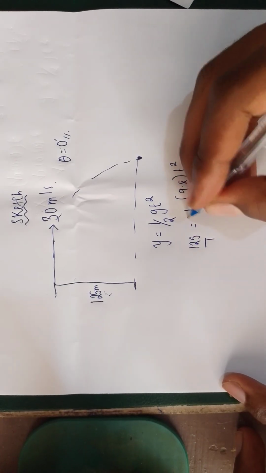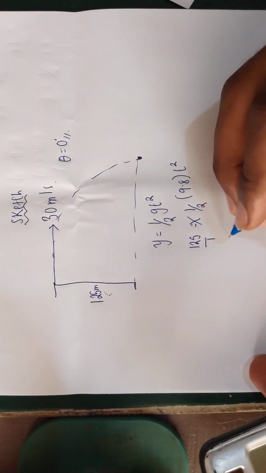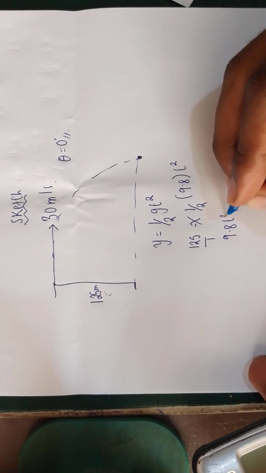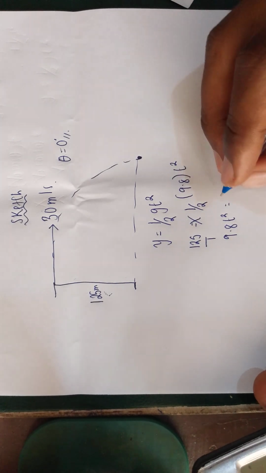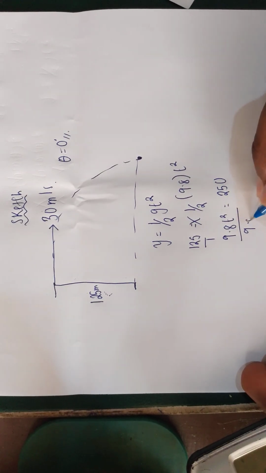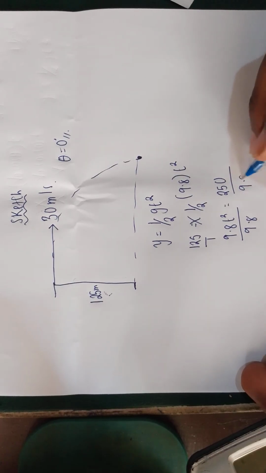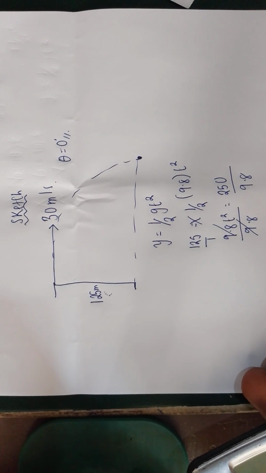So here you say over 1, and then you cross multiply. What are you going to get? You say 9.8 t squared is equal to 125 by 2, so you're going to get 250. So you divide by 9.8 on both sides. Therefore your t is going to be equal to the square root of 250 over 9.8.